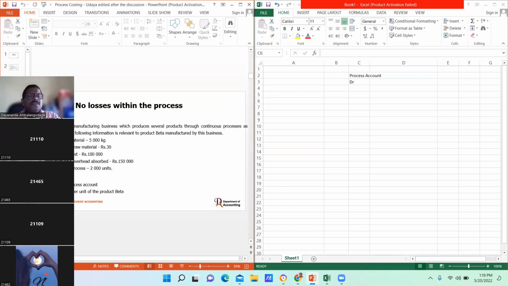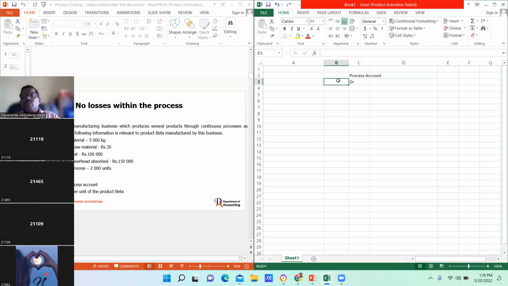Next, we are focusing on this example now. Through the process, the following information is relevant to product Beta manufactured by this business. Inputs: raw material 500 grams, cost of 1 kg raw material is 30, direct labor 100, manufacturing overhead 150, output 200. We can just prepare a process account.